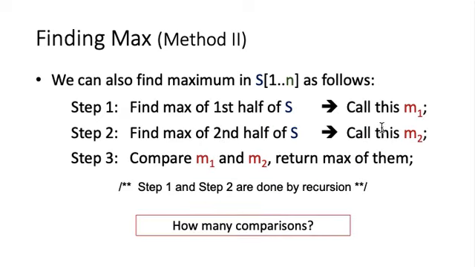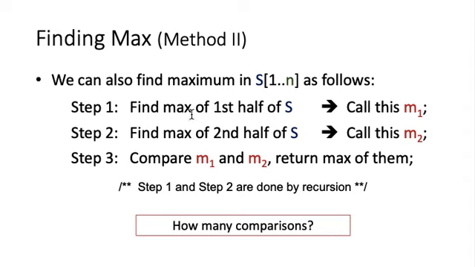Okay, so let's take a look at another method. Here we have the same input S[1..n], and we want to find the maximum of it. The idea here is that we are going to use recursion. Let's separate the items of S into two groups, the first half and the second half.